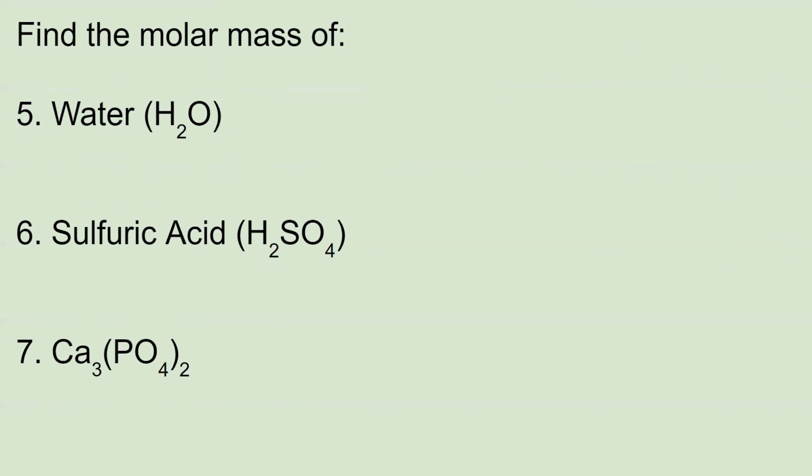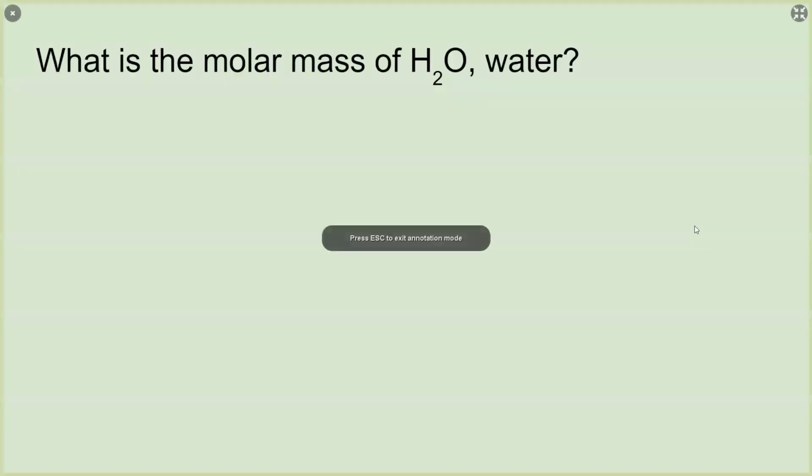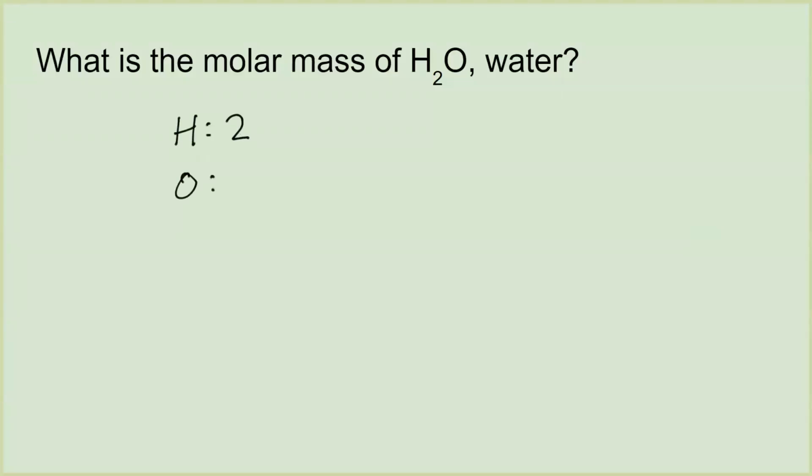Okay, hopefully that's been enough time for you to work through and find the molar masses of each of these substances. Okay, so first one, what is the molar mass of water? Okay, water has 2 hydrogens, 1 oxygen. Each hydrogen has a mass of 1.008. Each oxygen is 15.999. 2 times 1.008 is 2.016.